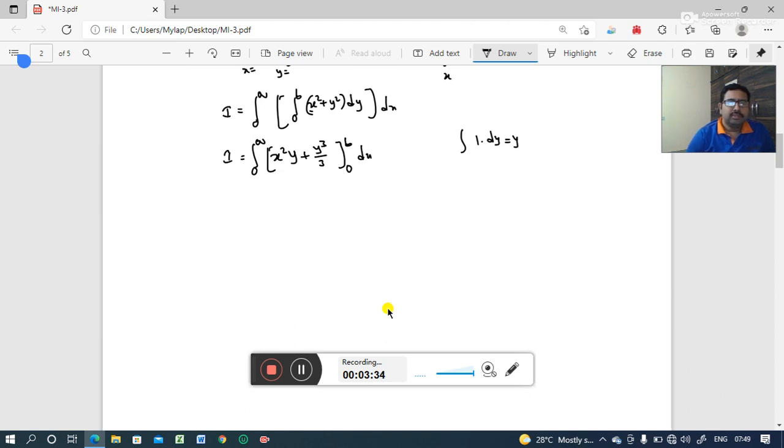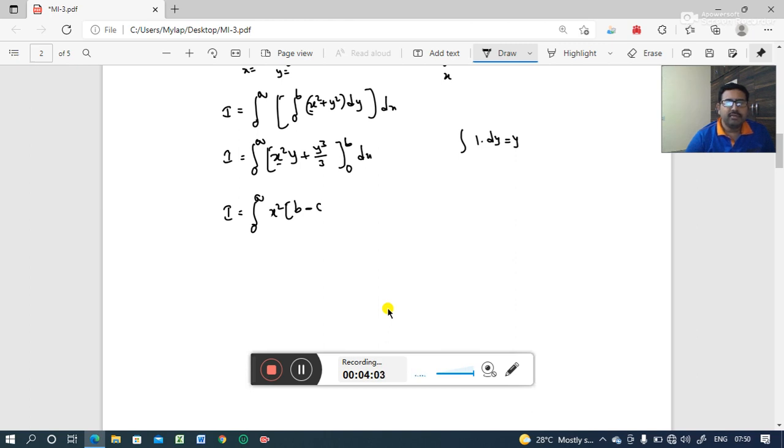Now let us use limits in the given function integral 0 to a. Here we are treating x square as constant, so you keep it outside. In place of y we are making use of the upper limit b and lower limit 0. So in place of y, first you write the upper limit b minus the lower limit, which is 0.